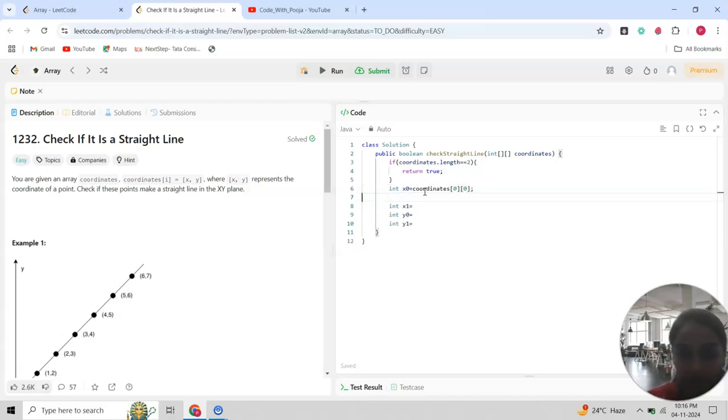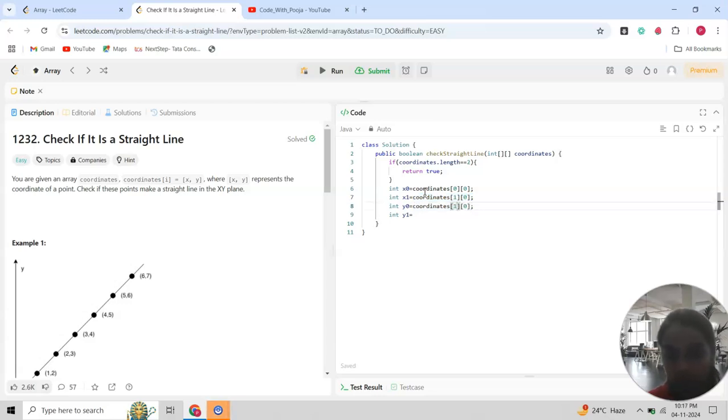Now the coordinates, sorry, I'm missing a 1 here, coordinates 1 and 0, because x will come first, so it will be like here.